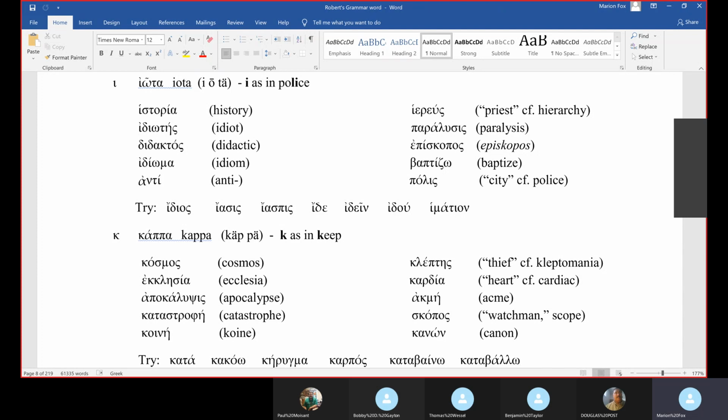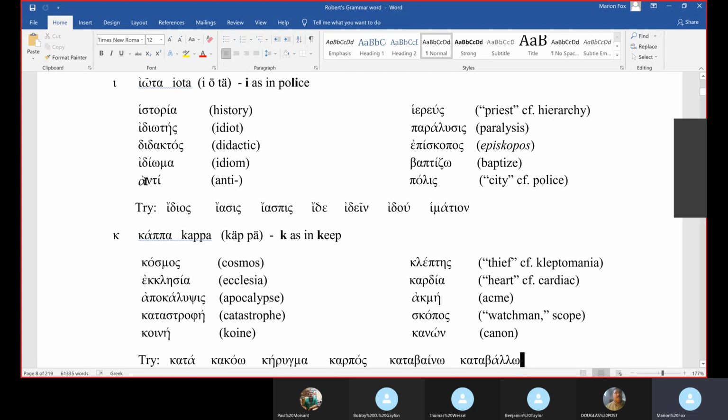Anti, anti. Now the word anti, many people think it means against, and it does, generally speaking. But literally it just means standing opposite on the other side. So standing on the other side, anti.